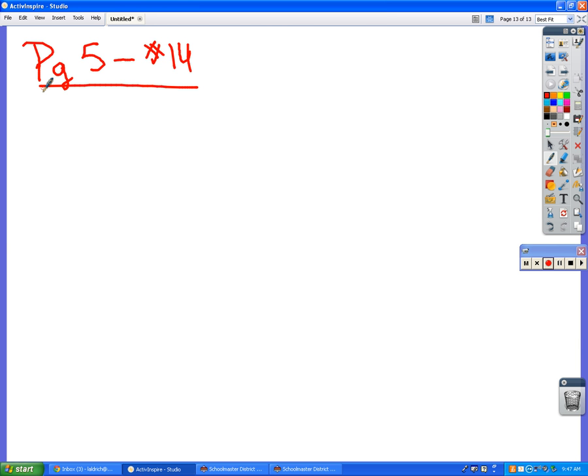If you look at the bottom of page 14, they have an example of a slope field question that you might face on the AP calculus test, number 14. Multiple choice.